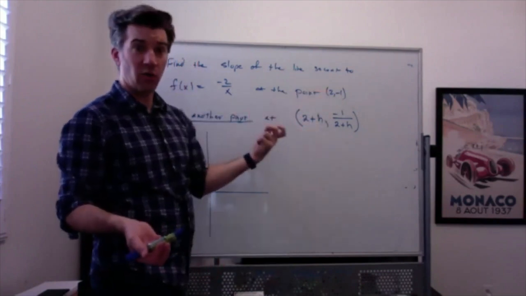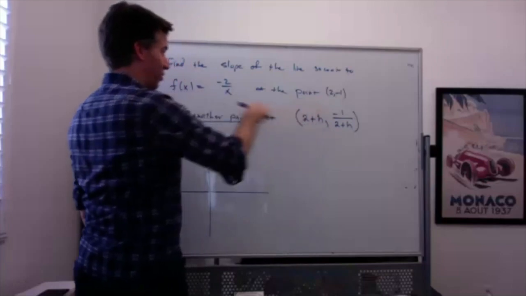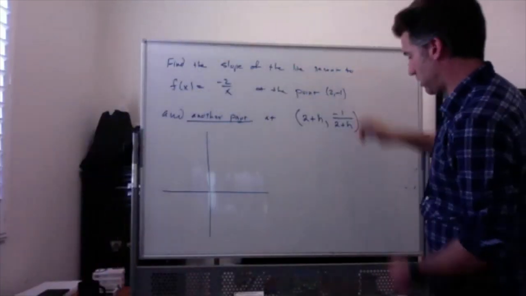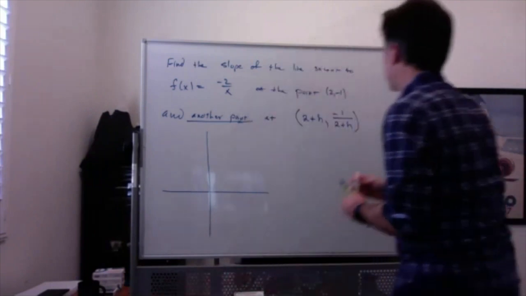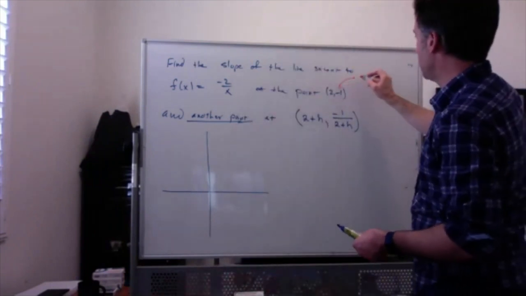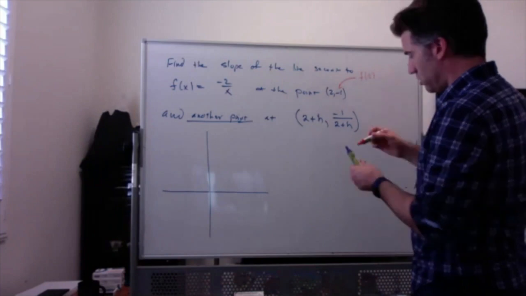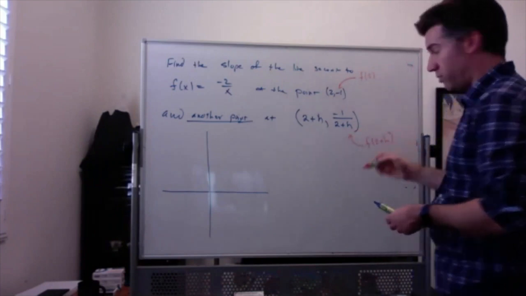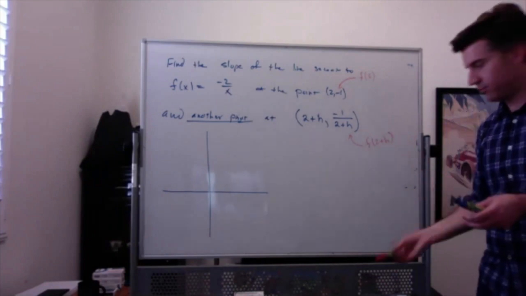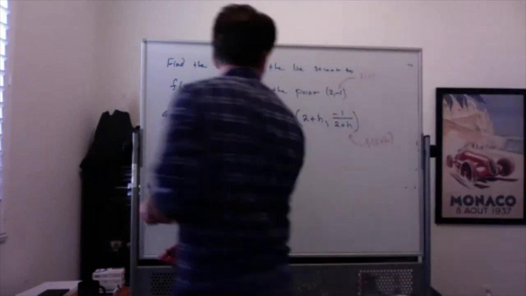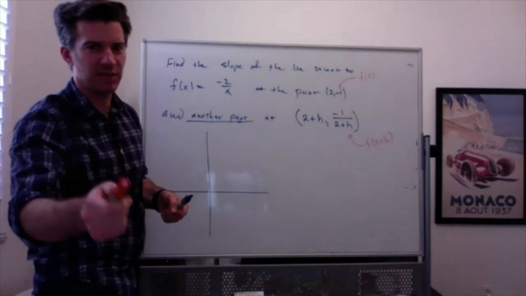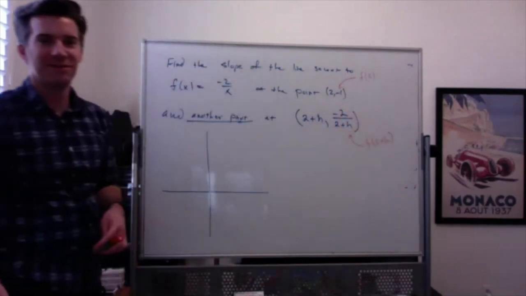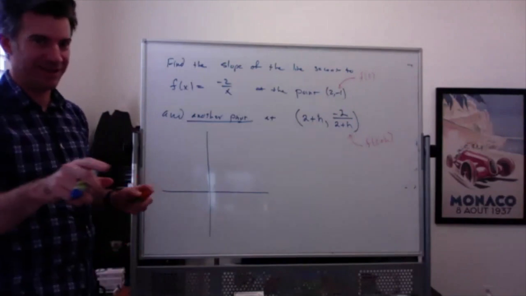And then to find the y coordinate, I'm just plugging this x coordinate into my function. So just like this point here is f of 2, this point here is f of 2 plus h. Unless I'm making a terrible mistake, which I totally am, because I forgot the 2 up here. Sorry about that. Does that make it a little more clear now?